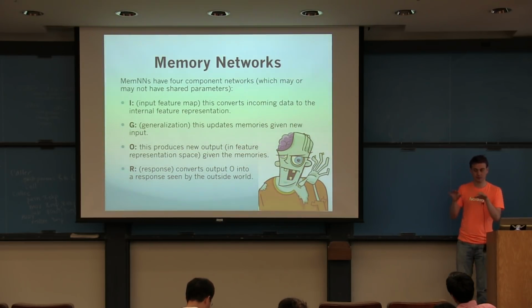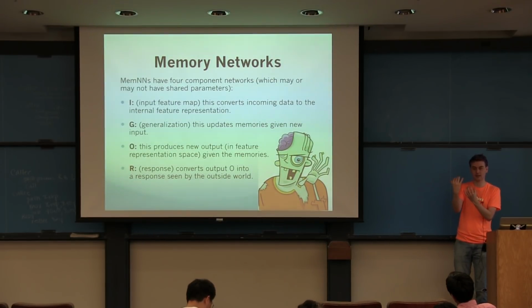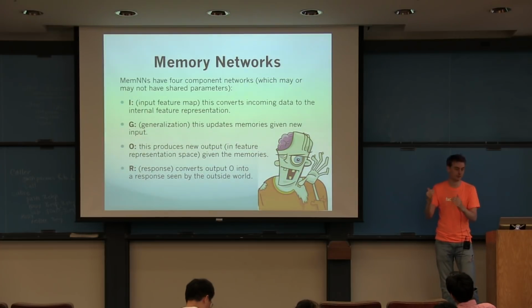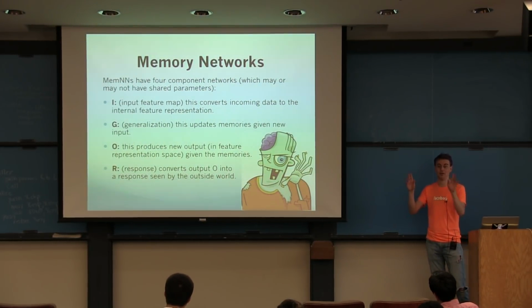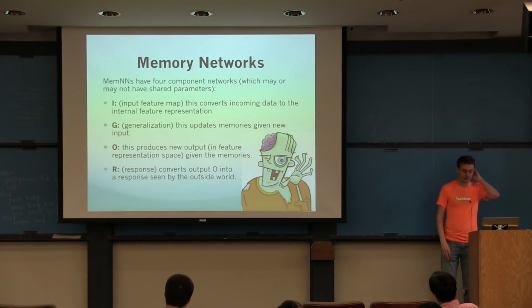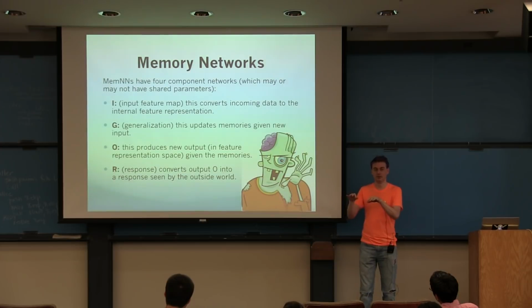So in the next component, whichever you choose, the G component, it's allowed to take the input representation you've built and update the RAM, the memory. So basically in this G stage, we call it generalization, you're allowed to write to the memory.